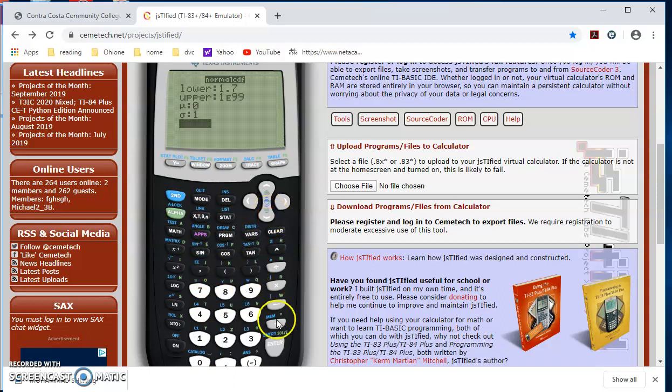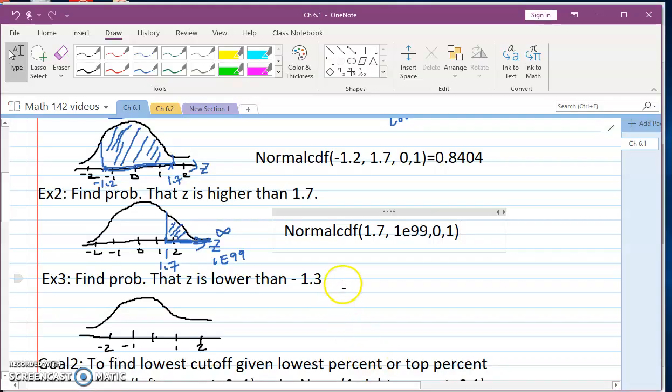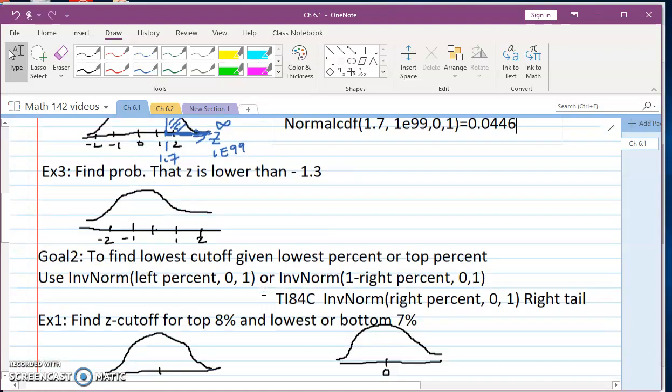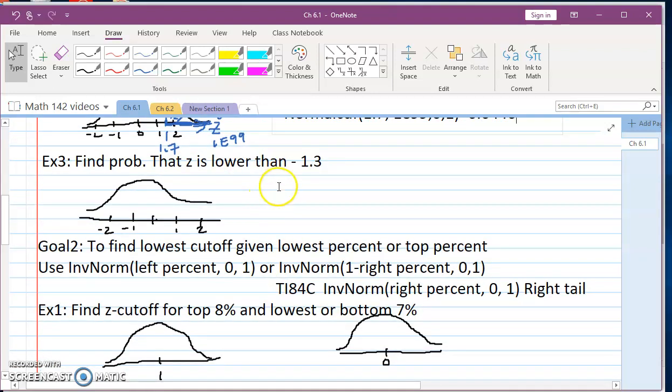And then 0, 1 and you paste. Get your answer: 0.0446. That's unlikely, so it's a really low chance to select a number that's higher than 1.7. So that's the higher than case.